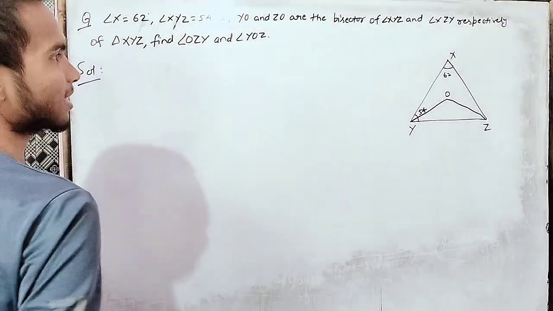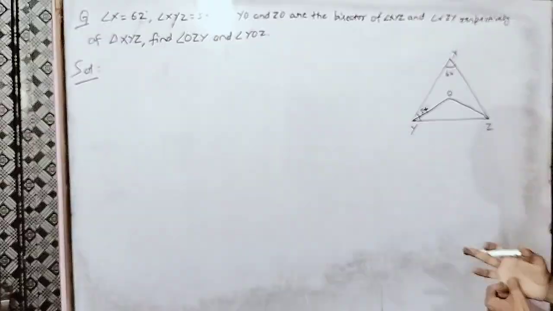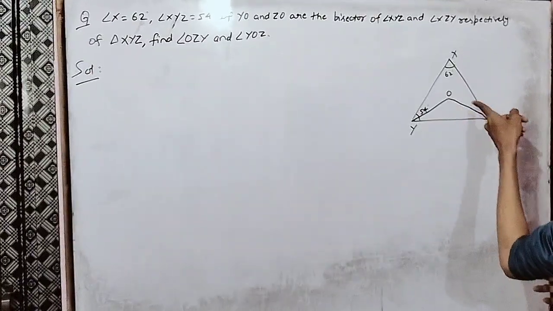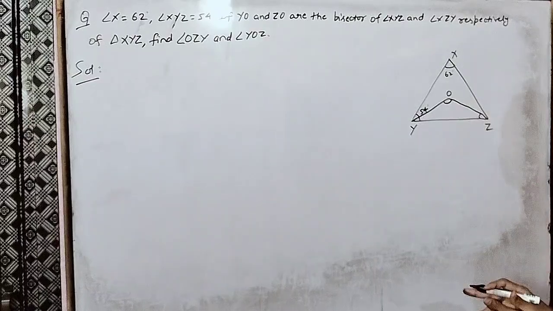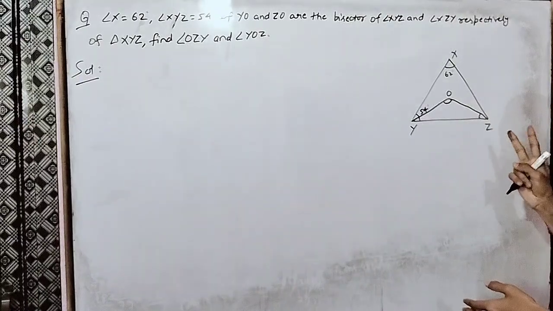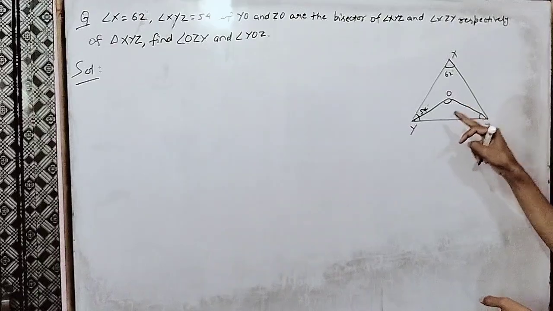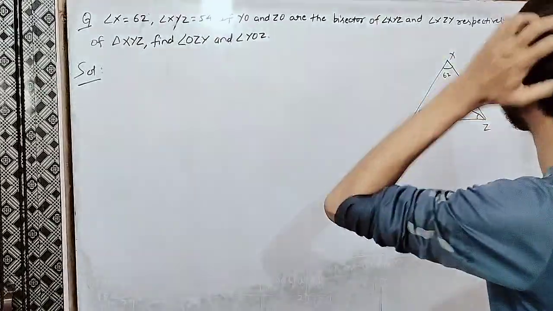It is very interesting. After reading this question, find angle OZY. Where is OZY? OZY is this, and YOZ is this and this, which are two interior angles of triangle OYZ. So let's start our journey to solve it. First step is what?